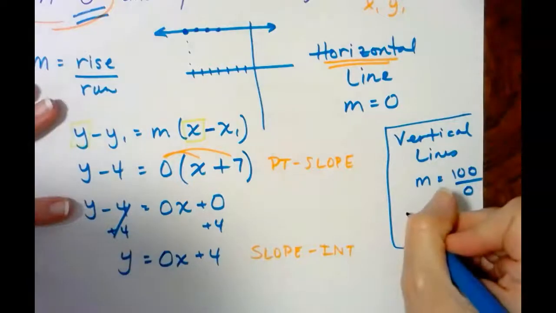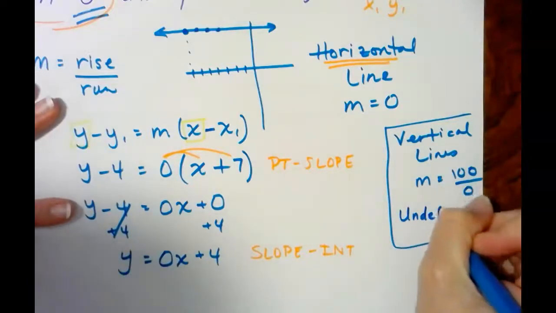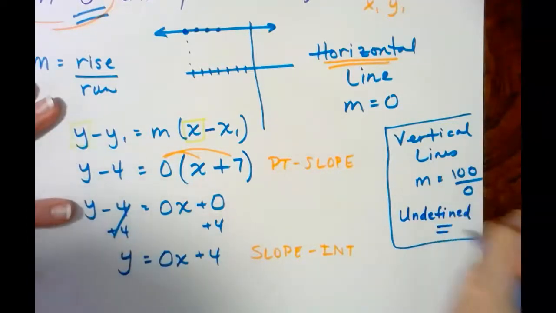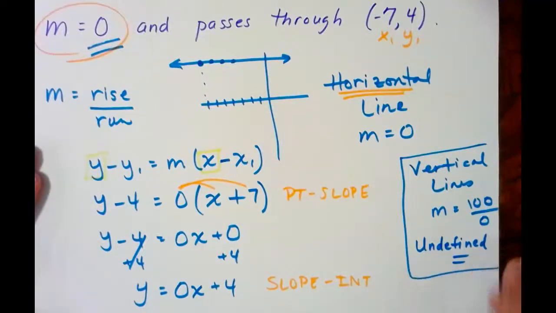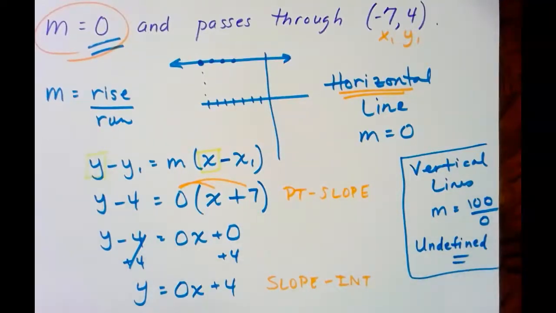So we say that the slope of a vertical line is undefined. So horizontal line has a slope of 0. Vertical line has a slope that is undefined. There are 3 great examples of the point slope form.